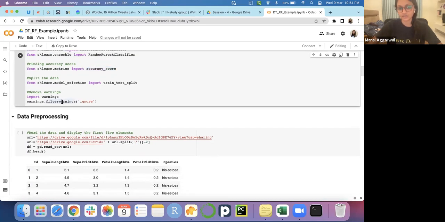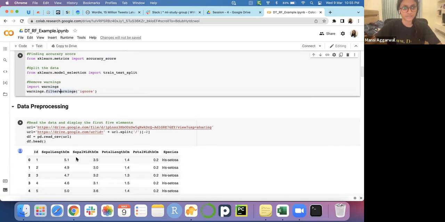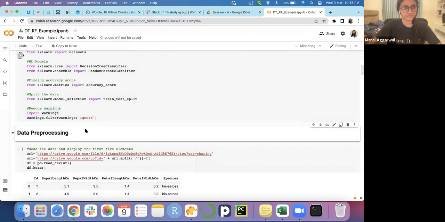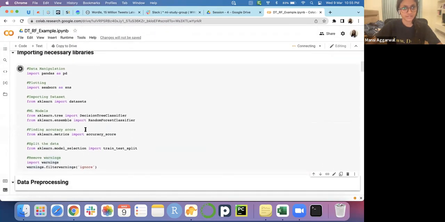And this is just to suppress the warnings. We'll just import warnings and ignore all the warnings. Warnings are different from errors, and we can ignore those warnings. So let's run. All right. It might take a few seconds because the sklearn libraries are a bit heavy.